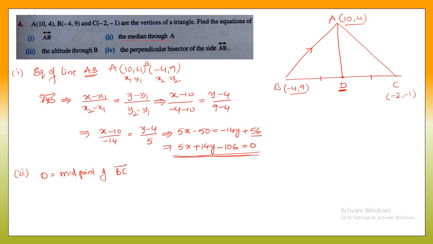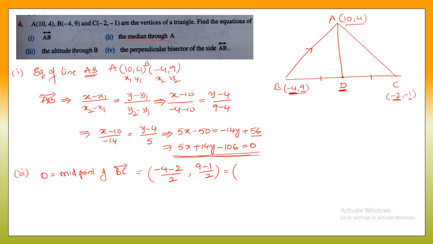If D is the midpoint of line BC, then we have the midpoint formula, which is the average of x coordinates and the average of y coordinates. So it is (-4 - 2)/2 comma (9 - 1)/2.